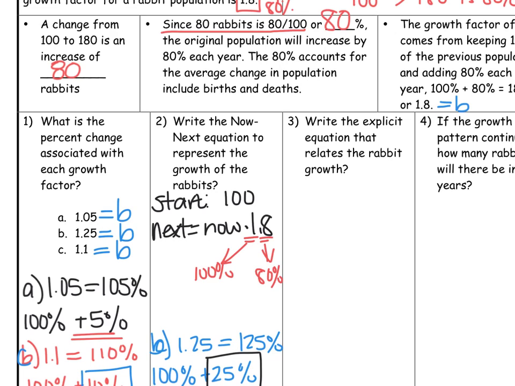So now we need to write an explicit equation. For explicit, it's y equals a times b to the x. A is our start. We're starting out with 100 rabbits. B is our growth factor, which in this case is 1.8. X is the number of years.